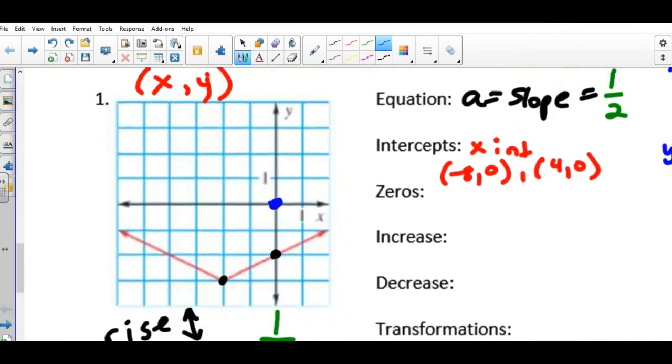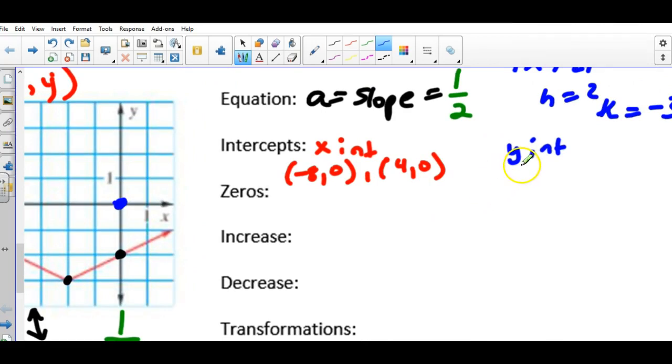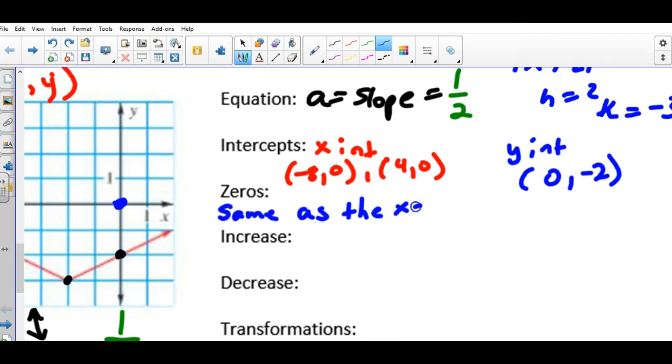So let's add that to our table. 0, -2, okay? So there's your x-intercept and your y-intercept. Now for your zeros, guys, your zeros is always the same as the x-intercept.